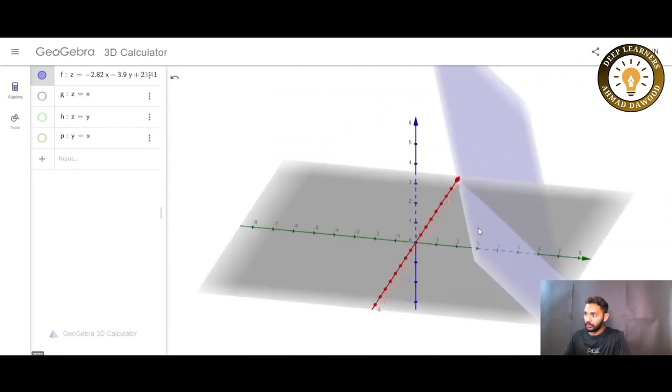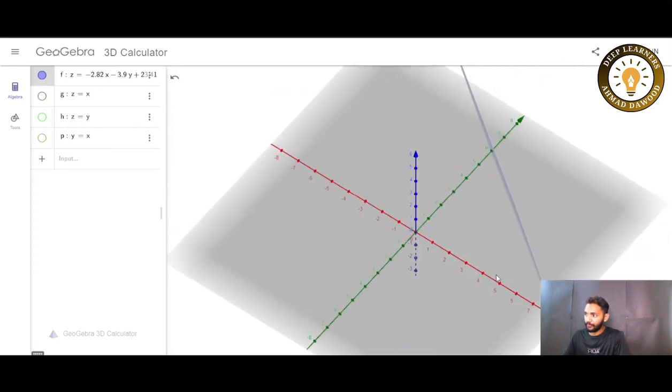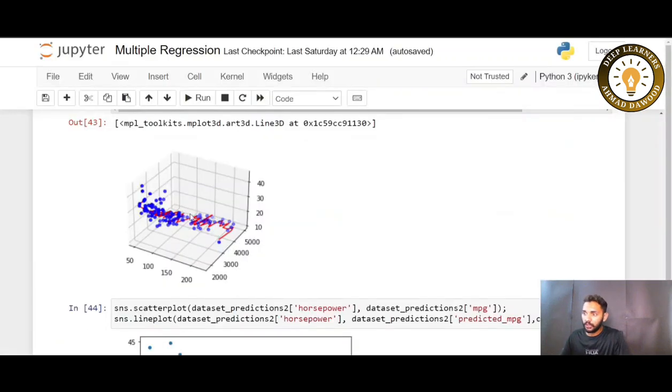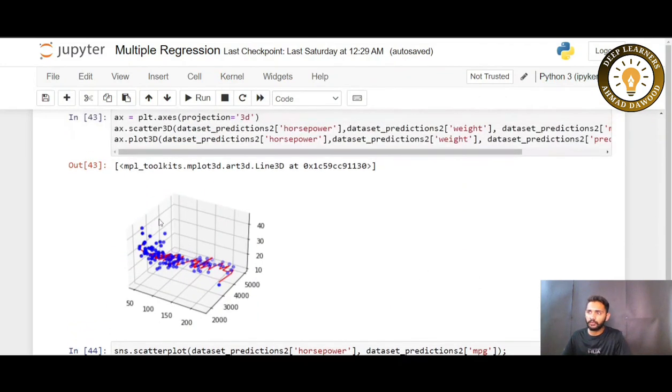Actually the model is like that. In the code, matplotlib is showing you a line because we have used plot 3D. Maybe another function can give you a plane, but here the aim is to give you the concept. If you are interested, you can explore matplotlib, which is very customizable.